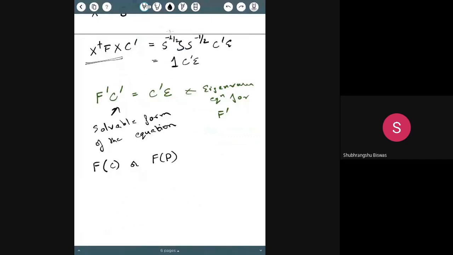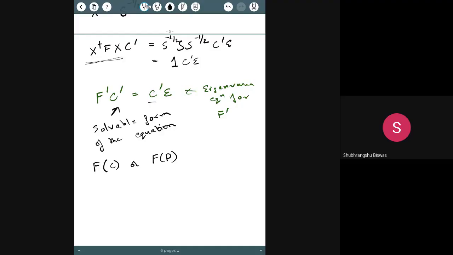So once I obtain C prime, it is not a one-step process. I have to recompute F prime and diagonalize again. So that is why the Hartree-Fock equation, or the Roothaan equation, is not simply an eigenvalue equation. It is a self-consistent field equation.